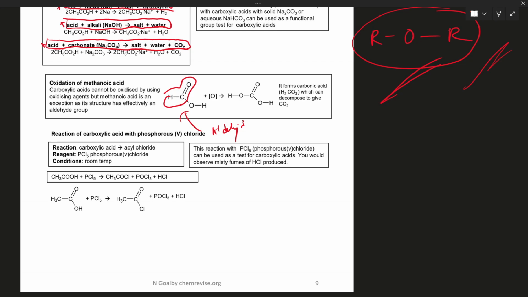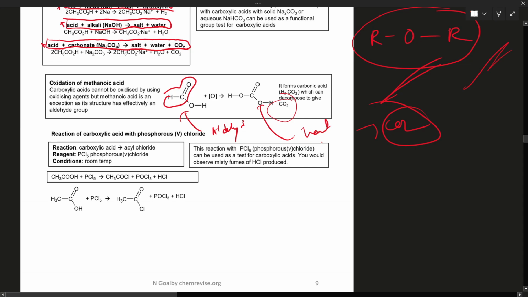Due to the presence of this aldehyde group in methanoic acid specifically, we can oxidize it further. To what? This basically forms carbonic acid, which can decompose to provide carbon dioxide. So you can just provide heat to it and carbon dioxide will be released. If they ask you how to produce carbon dioxide, this is one way you can do it.